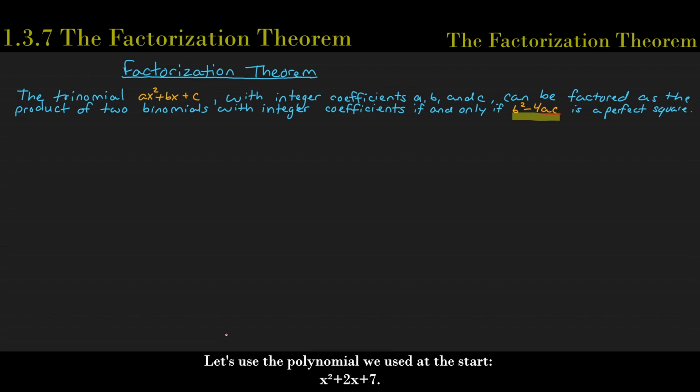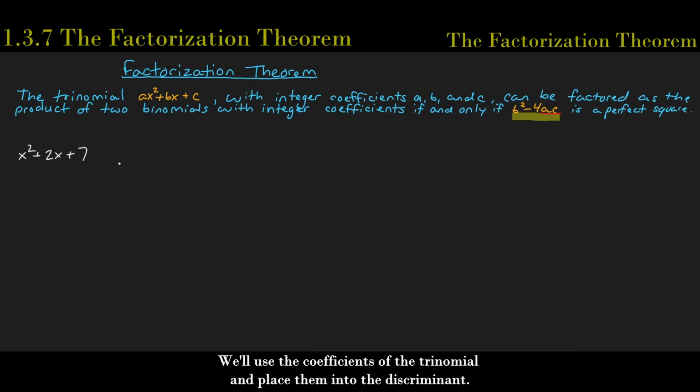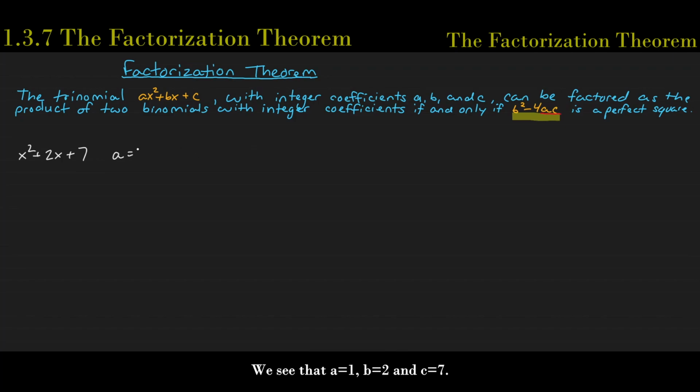Let's use the polynomial we used at the start. x² plus 2x plus 7. We'll use the coefficients of the trinomial and place them into the discriminant. We see that a equals 1, b equals 2, c equals 7. Therefore, b² minus 4ac equals 2² minus 4 times 1 times 7.